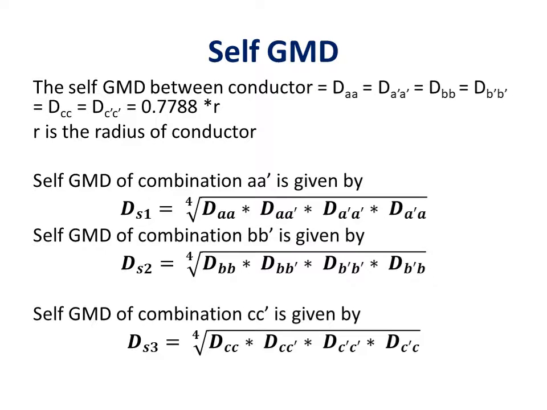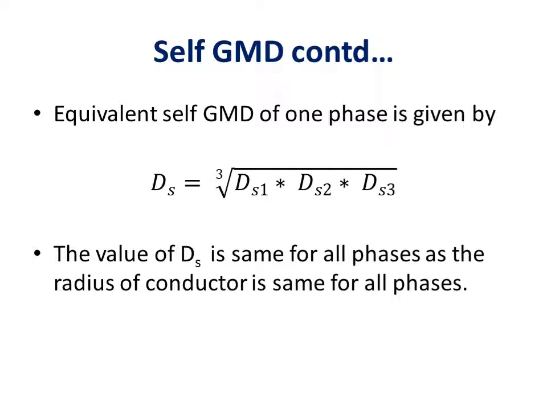Now the overall equivalent self GMD of each phase is given by Ds equals the cube root of Ds1 into Ds2 into Ds3, and for each phase this Ds will be the same.